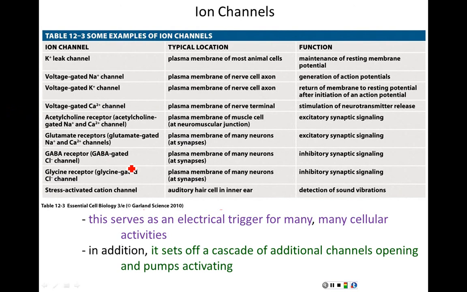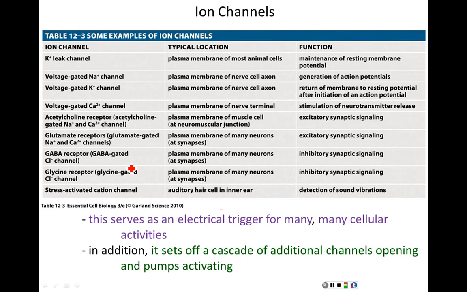And again, the changes in membrane potentials, the changes in ion flow sets off these cascading effects like dominoes. First one thing happens, then another thing happens, then another thing happens in the cell until the cell's entire behavior has changed as a result of this electrical stimuli.